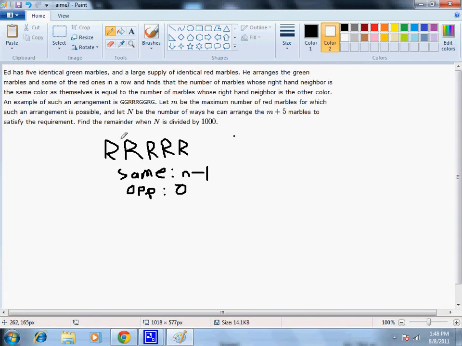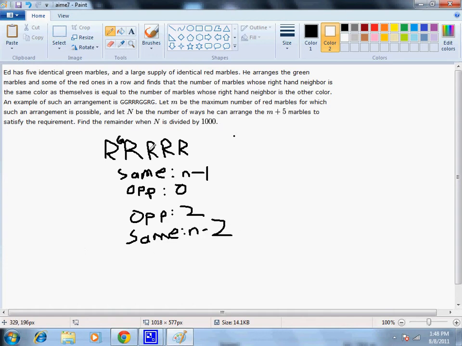So if you insert a green marble between 2 red marbles, then the number with the opposite color increases to 2, and since you now have n marbles who have right-hand neighbors, the ones with the same color neighbor become n minus 2.